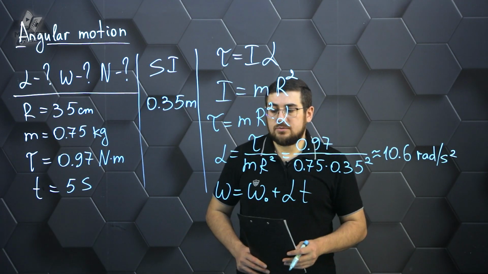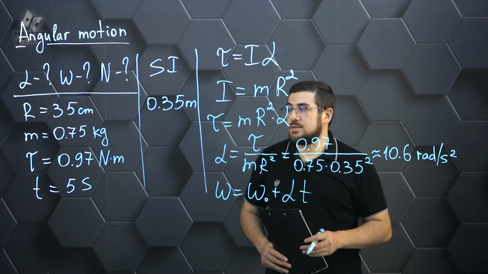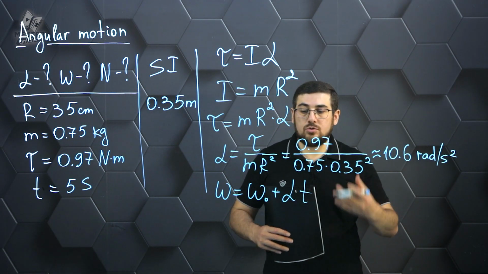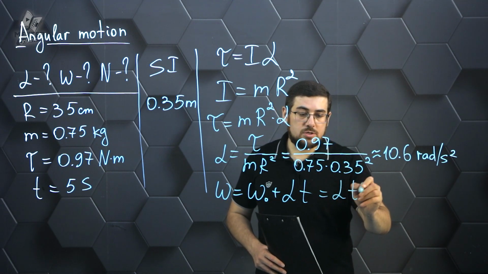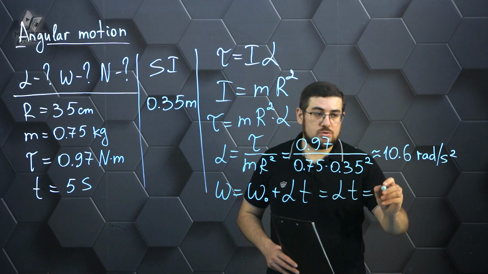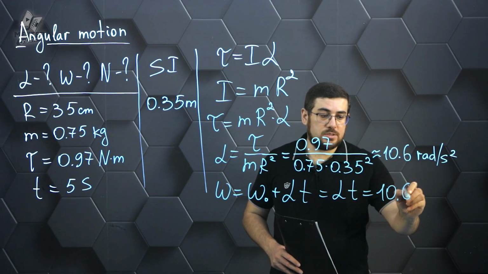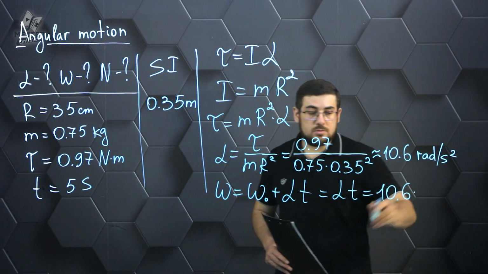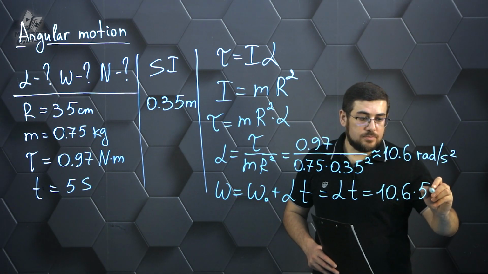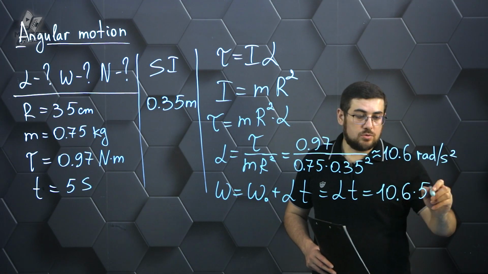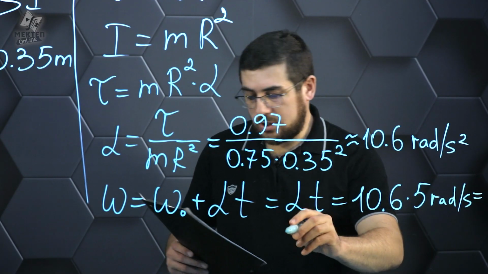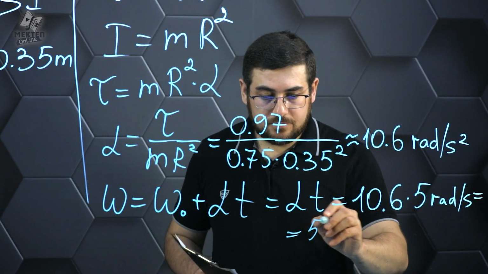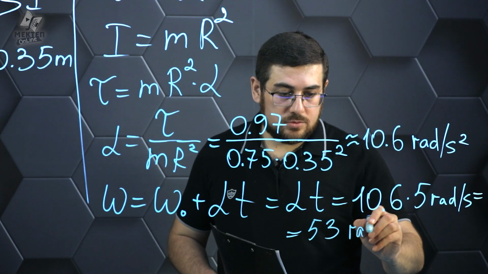We also saw in the task that the process starts with an initial speed of 0, therefore we simply get the product of acceleration and time. So 10.6 multiplied by 5 seconds gives the speed in radians per second, and we get the answer, 53 radians per second.